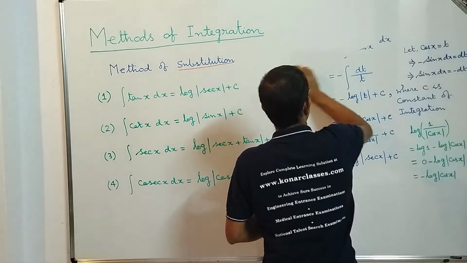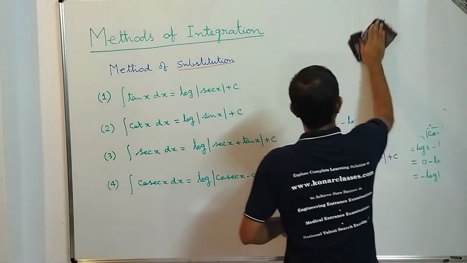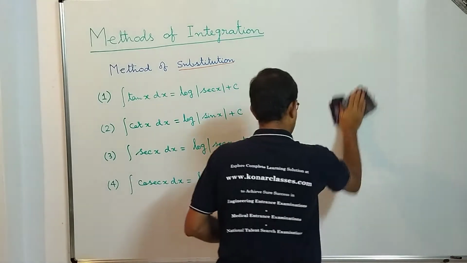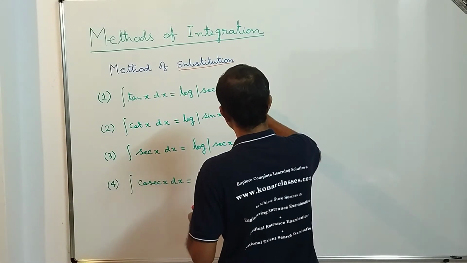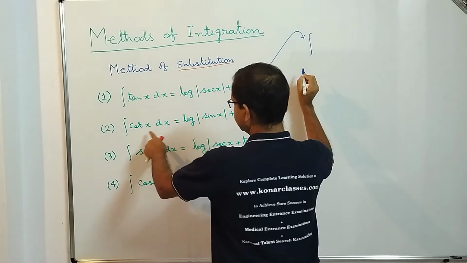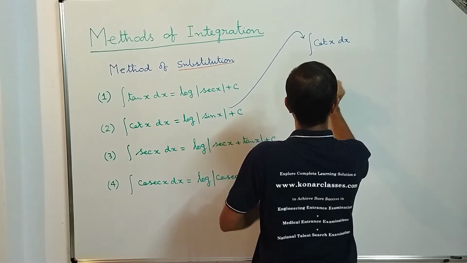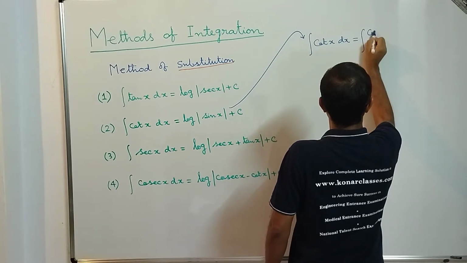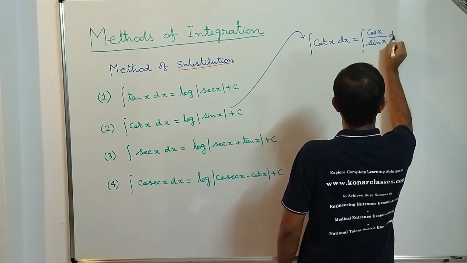Okay, so let's do it together. Integration of cot x dx. We can write cot x as cos x divided by sin x, so integration of cos x divided by sin x dx.